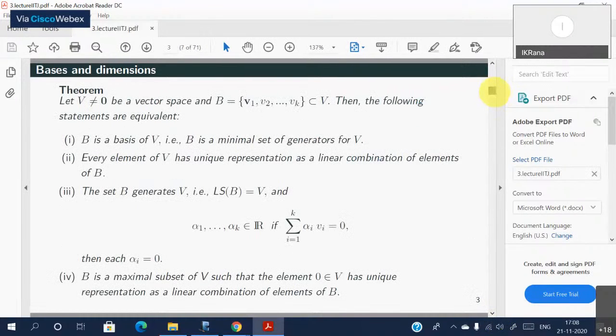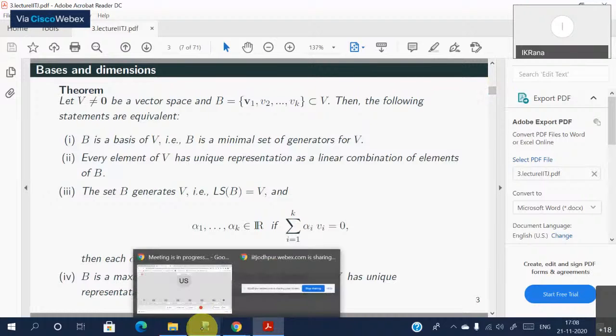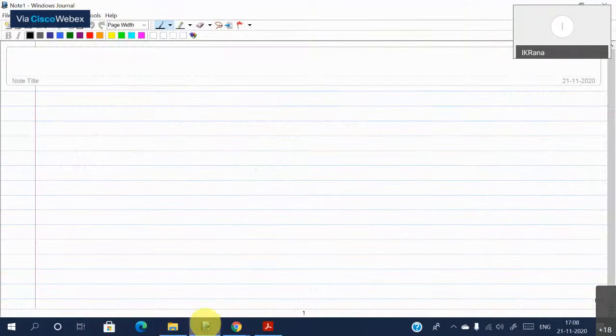So let me just give a short outline of the proof of say one is equivalent to two. So one says that the linear span of B is equal to V and B is minimal.